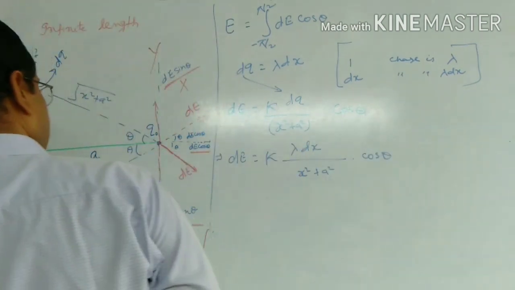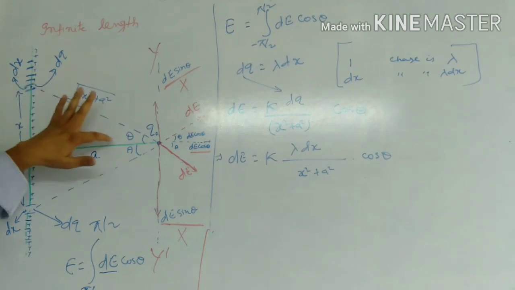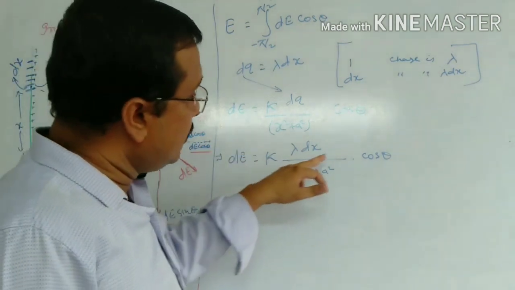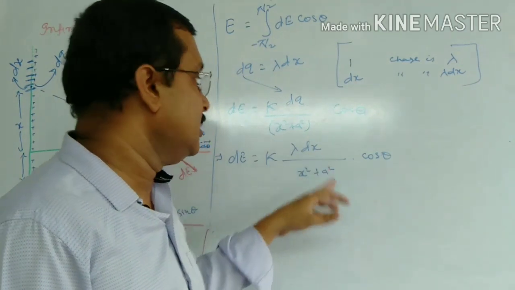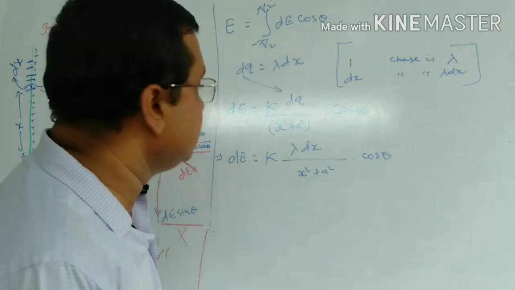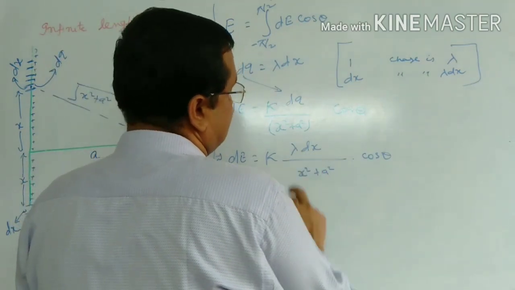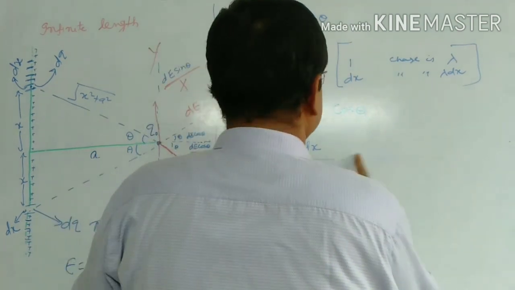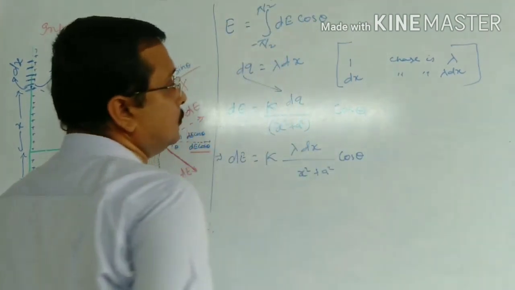Now see, x is also a variable and theta is also a variable. Here we have cos theta, and you have given the integration in x. If you want to calculate this integration in terms of theta, you have to replace dx in terms of theta. So what we shall do, just see here.